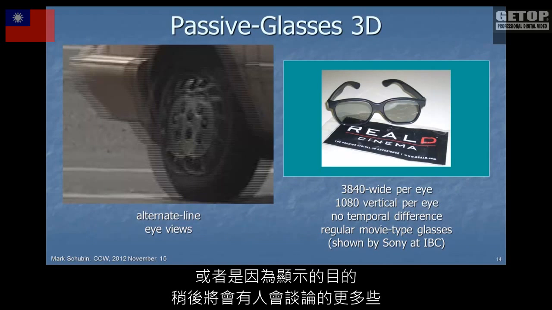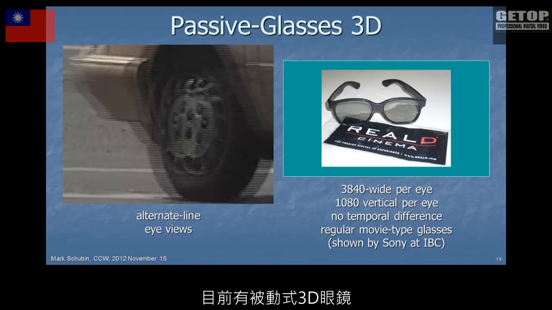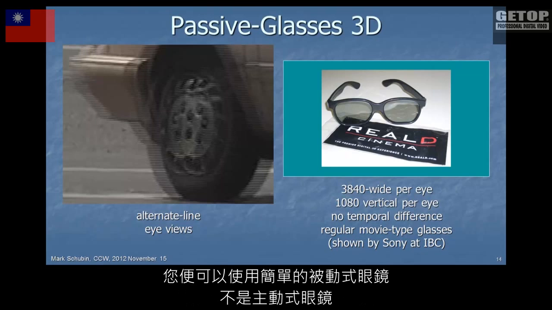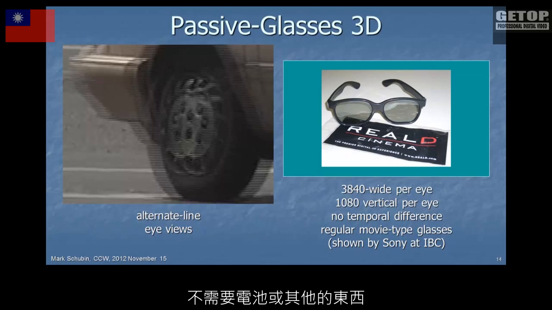Or for the display end, which Pete will talk more about later, there's passive glasses 3D. If you take an alternate line system where one scanning line is a left eye view, one scanning line is a right eye view, then you can use simple passive glasses, not active glasses, no batteries or anything like that.